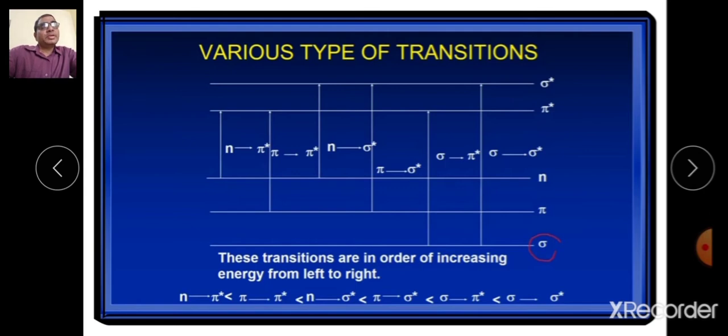Now when we observe the diagram, the transition of an electron from sigma to sigma star requires more energy.